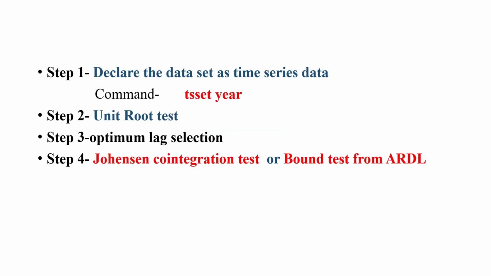So if we summarize the steps, first of all you need to declare the dataset as time series. Then you need to run the unit root test of the variables. Then you have to find out your optimum lag. If all variables are stationary at the same level, then you need to run the Johansen cointegration test. But if all variables are not stationary at the same level, like some variables are stationary at first difference or some variables are stationary at level, then you need to run the bounds test from ARDL.